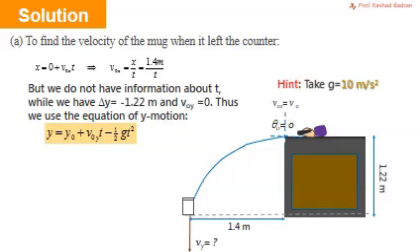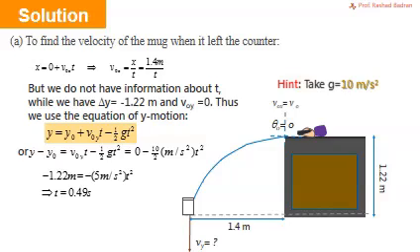So here we have delta y equals minus half g t squared, and delta y, as we know, the mug is going downward with an altitude of 1.22 meters. If we put that into the equation with a minus sign, we have here minus 10 over 2, that's minus 5 meters per second squared, multiplied by t squared.